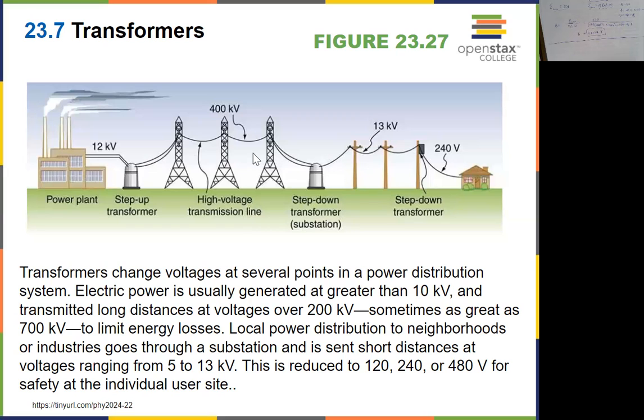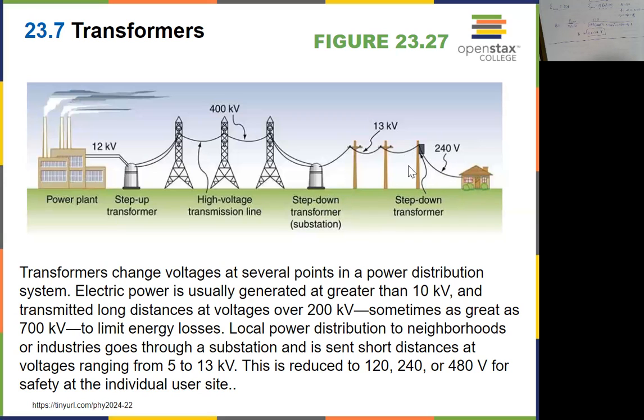All right, but before it gets to the household, there will be a step-down transformer to bring the voltage down. From there, it will be further reduced to say 120 or 240 for the household to use.